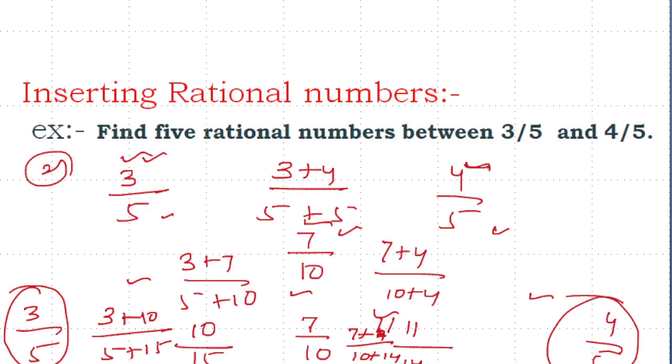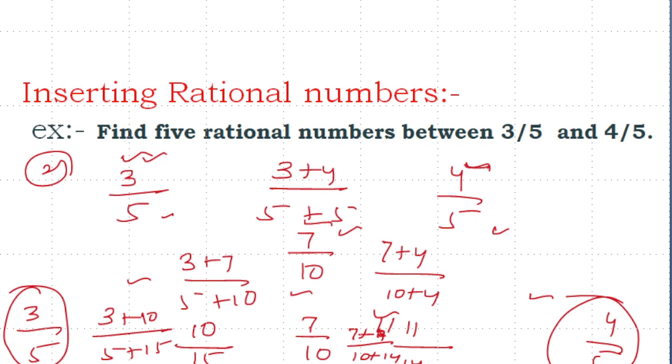Now see, easily by just adding you got 5 rational numbers. So this is 18 by 24. You can cancel it, there is no problem.